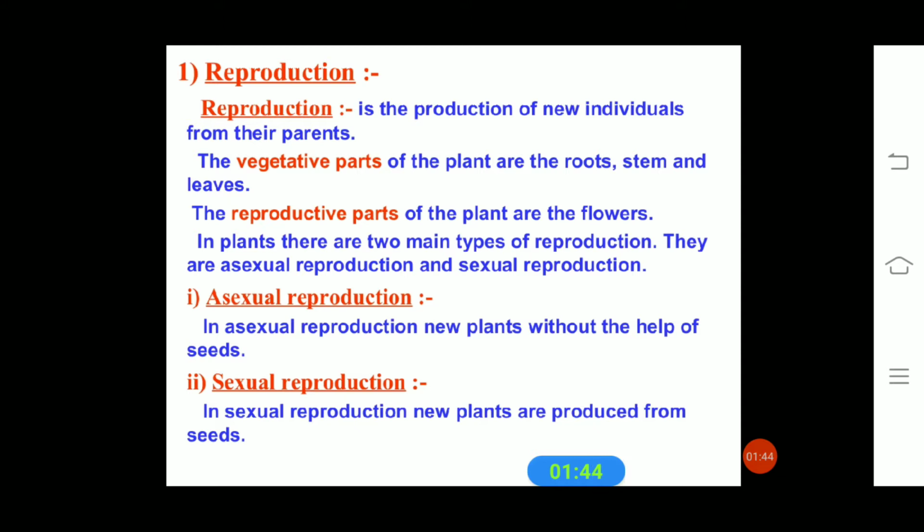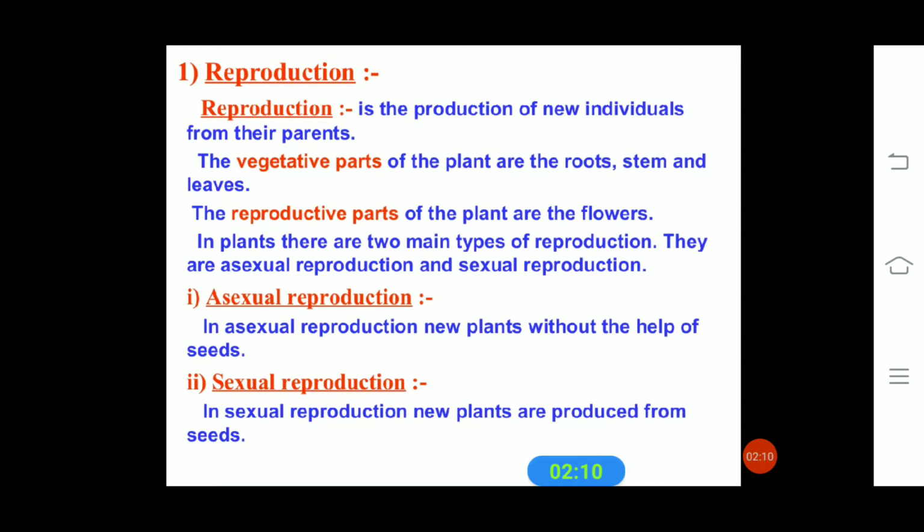So flowers are the reproductive parts of a plant. Here, vegetative parts of a plant means what? Through roots, stem, leaves, a new plant can originate. So we can get a new plant from the roots, stem and leaves of the plant. Together these are called vegetative parts.